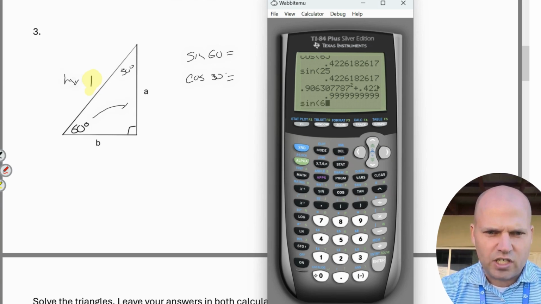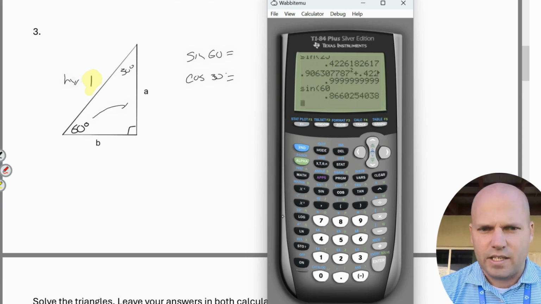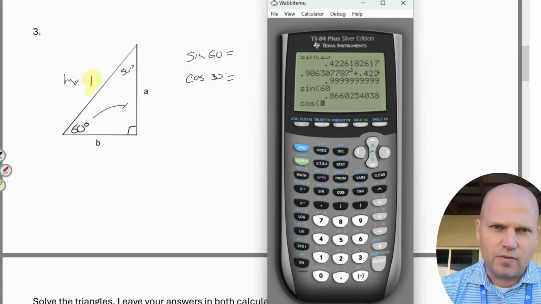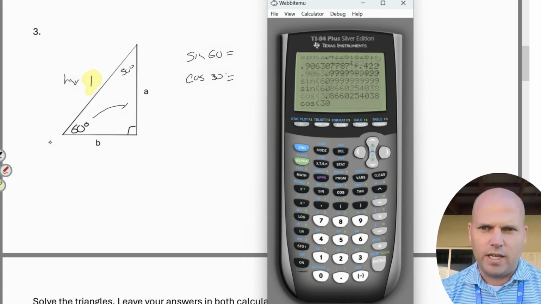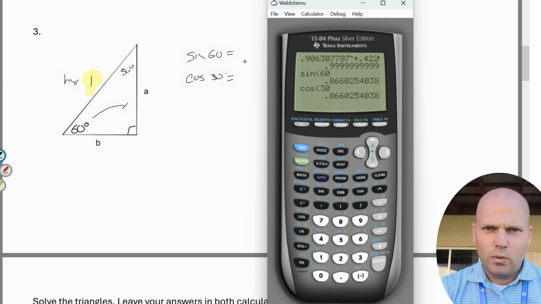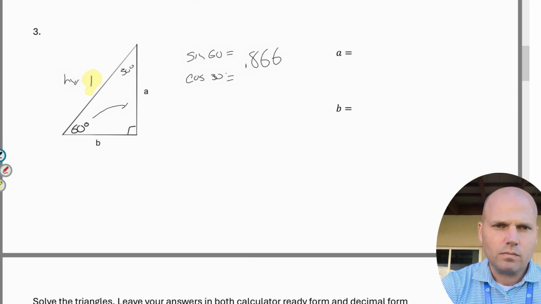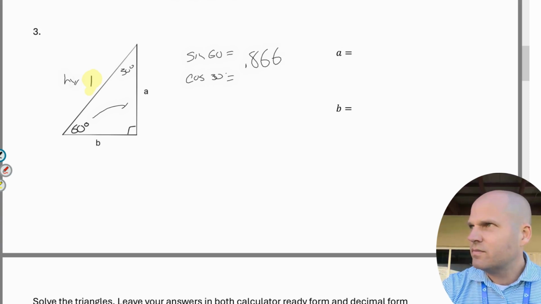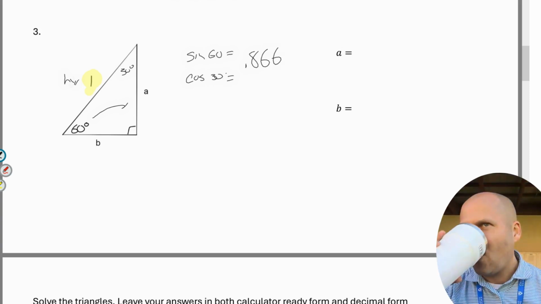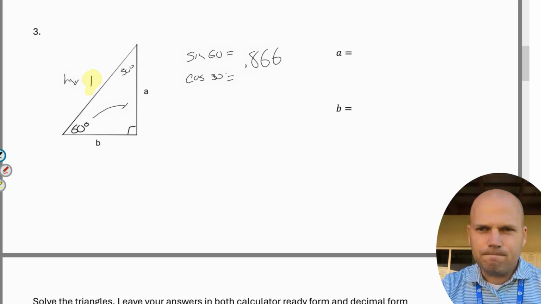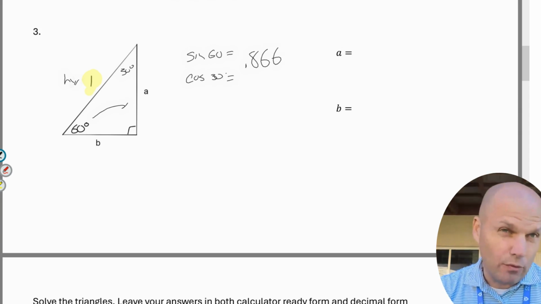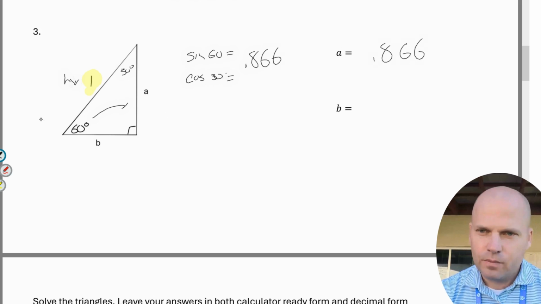The sine of 60 is this weird number, 0.866. The cosine of 30 is that same weird number, 0.866. We will discover what that number is in the future. It's actually the square root of 3/4, which is cool.